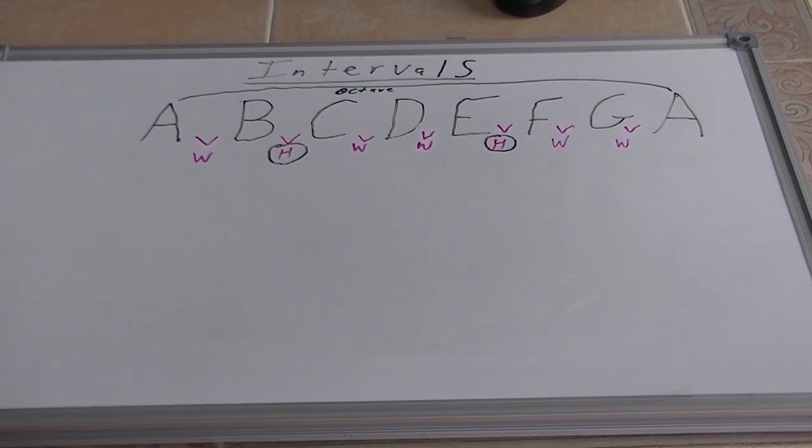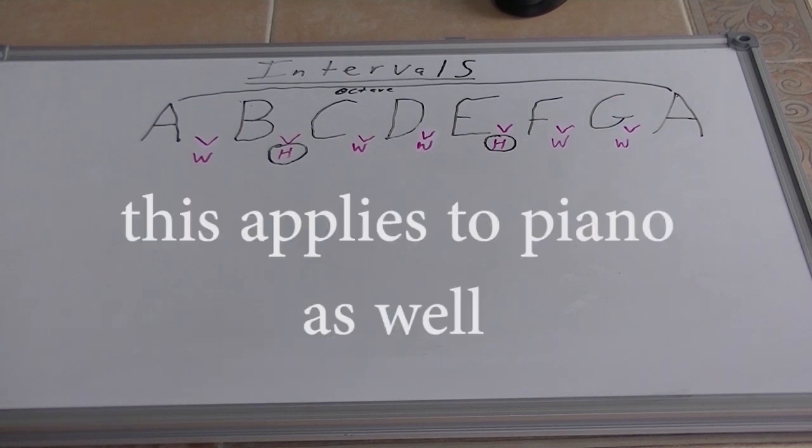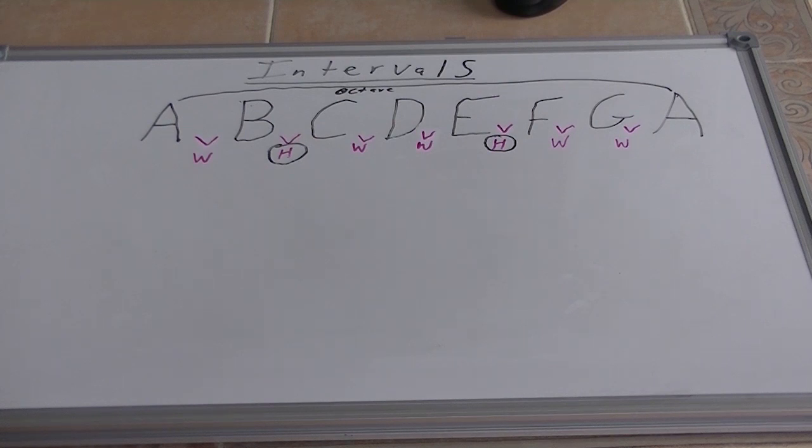And the importance of this information is that this is how we're going to find notes on the guitar. So let me just provide an example of that. If I were to play the note A on the guitar and I needed to play the note B after it, I needed to find that note.